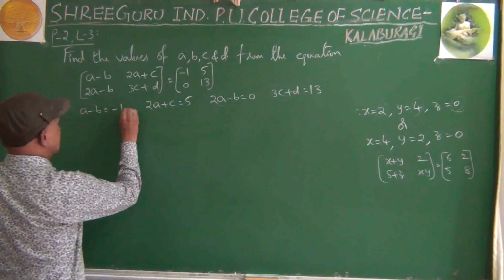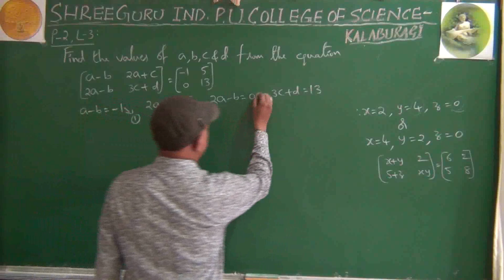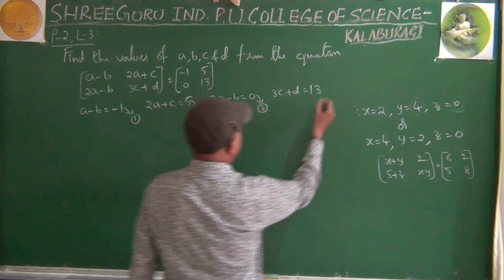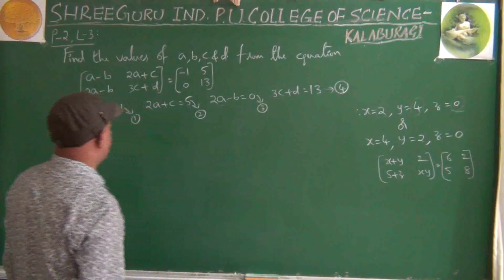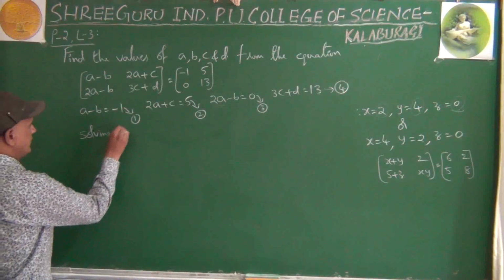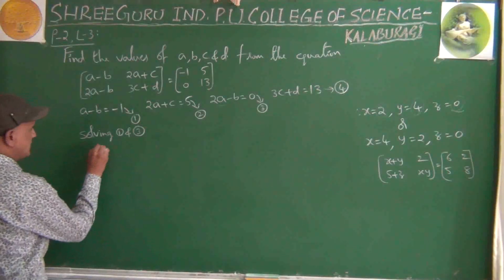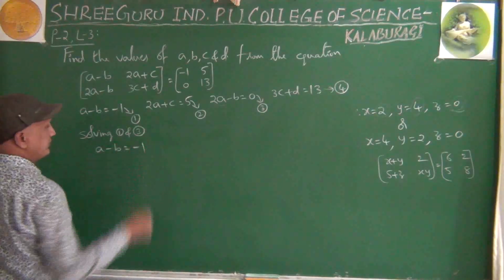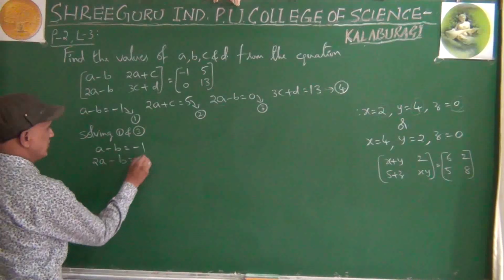Solving the equations. Call them equation 1, equation 2, equation 3, equation 4. Solving 1 and 3. A minus B equals minus 1. Third equation, 2a minus b equals 0.